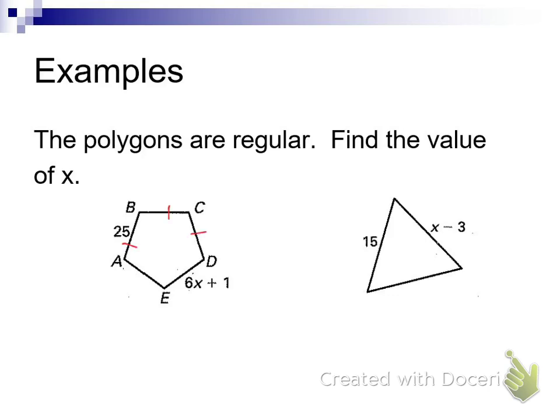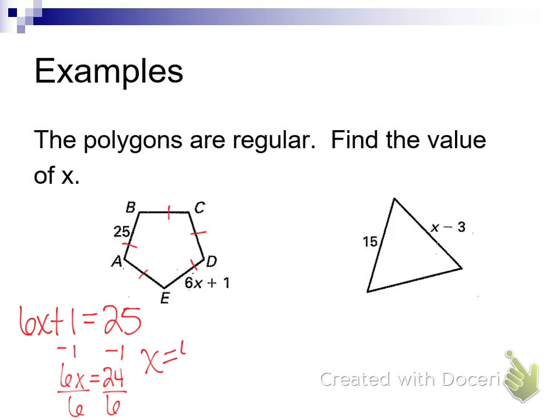So if all of these sides are the same, what could I do to solve for x? Good. We could set two sides equal to each other. And to solve it, we would need to do what? 6x equals 24. Then we would divide. x equals 4.